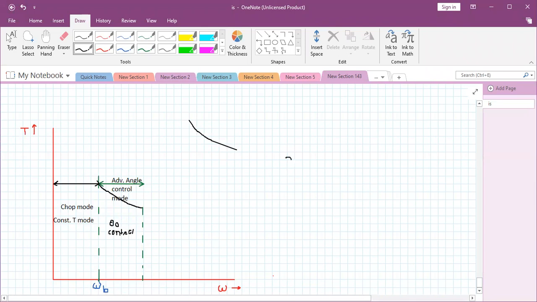So if your speed is increasing from omega b, your torque should be decreasing, and then it is called constant power mode. If the speed is increasing, your torque is decreasing, so the shape is like this. This particular method is also known as constant power mode.